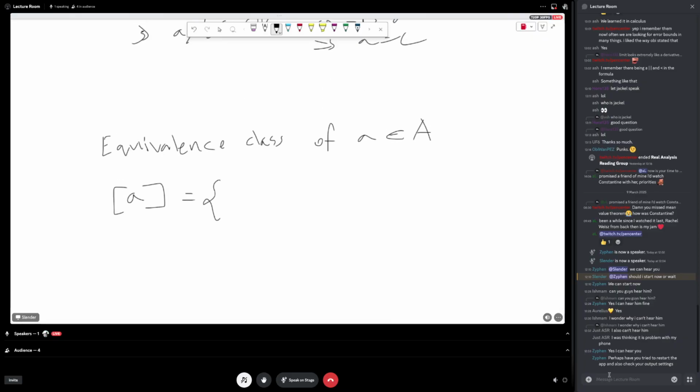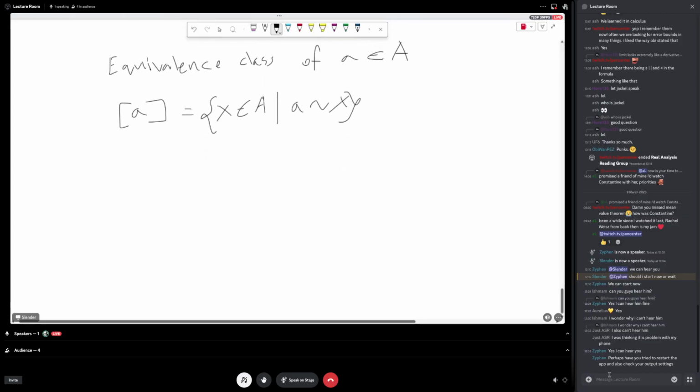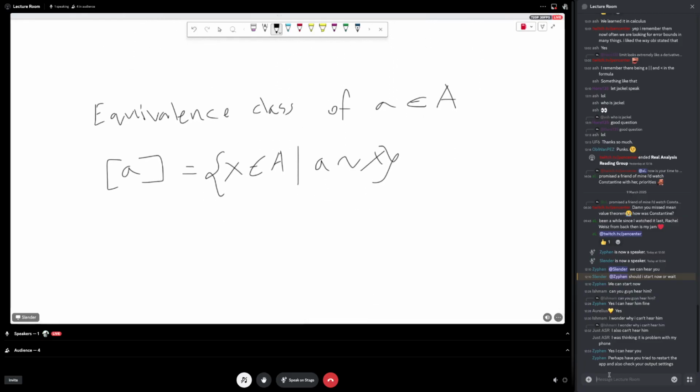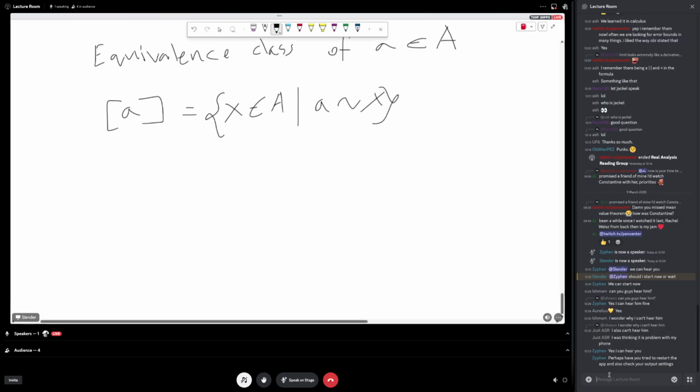This is going to be a set of all numbers x such that a is in relation with x. So a should have an equivalence relation with all the elements. This makes a set. That's what we call an equivalence class. It's a set of all equivalence relations with respect to that element.